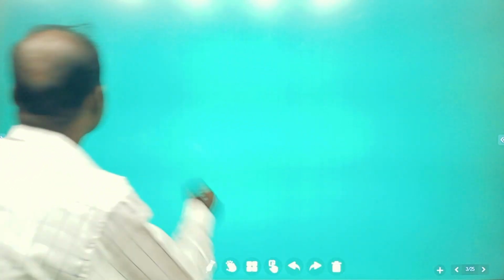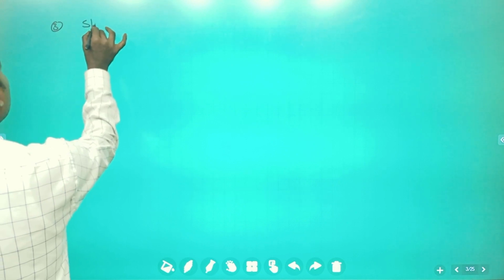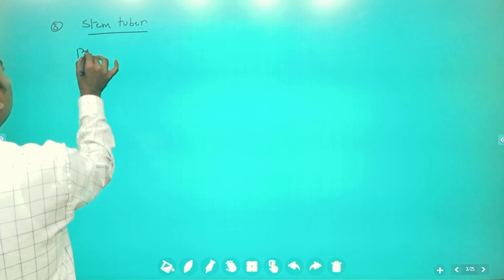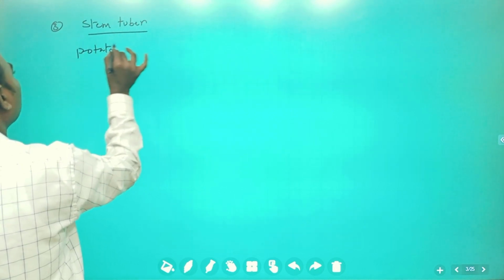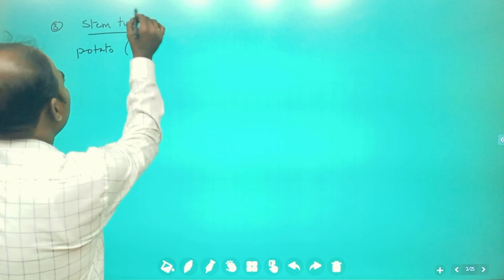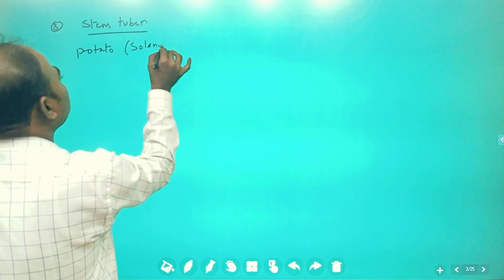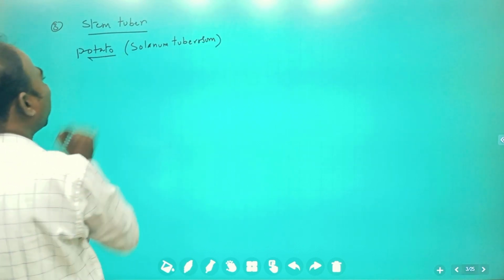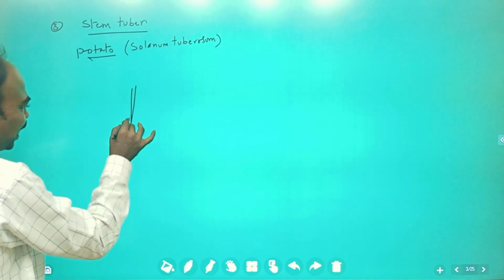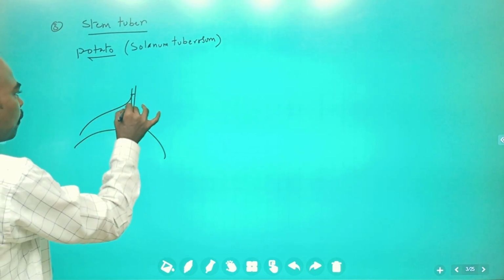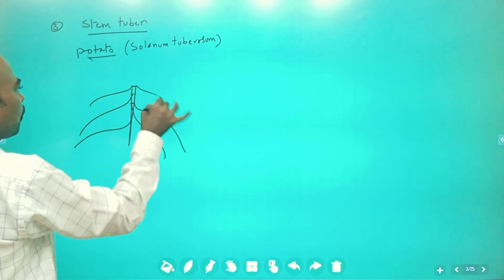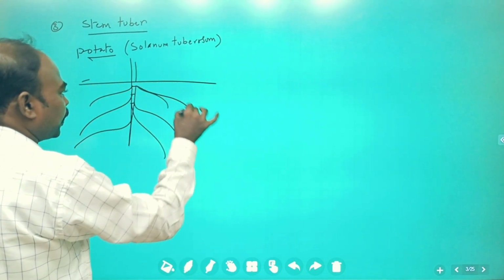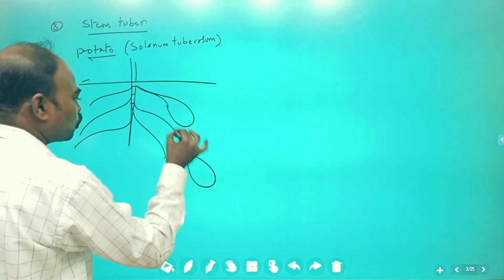Then thirdly, the stem tuber. In plants like potato, not sweet potato, potato, Solanum tuberosum, the scientific name of the potato plant, the underground branches of the stem store food material in their tips and become bulged.